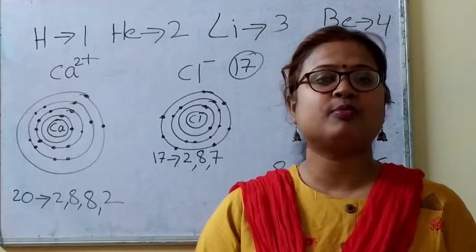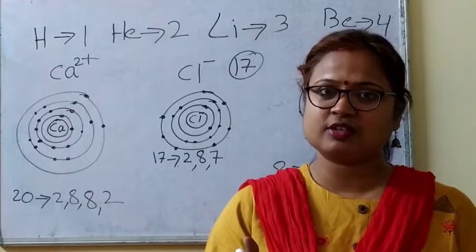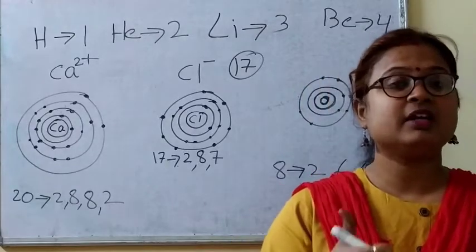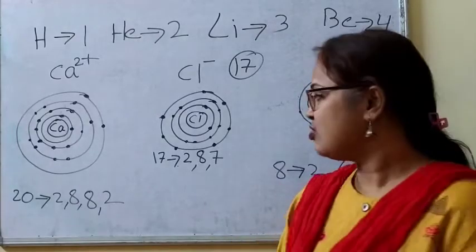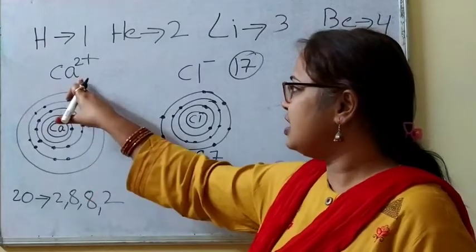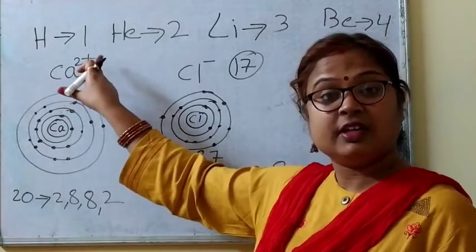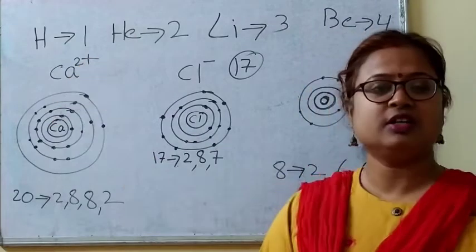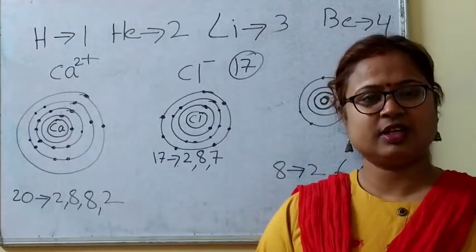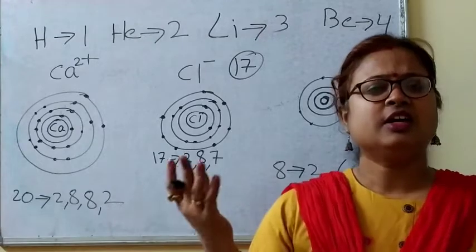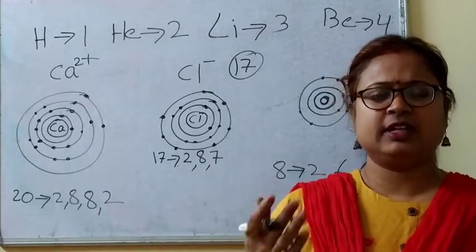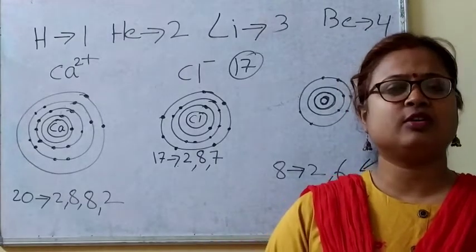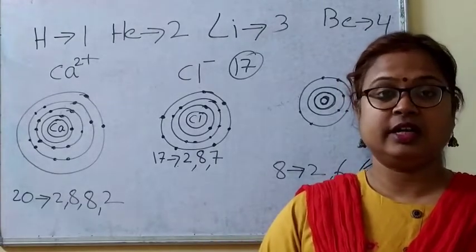Positive charge, because giving electrons develops positive charge, taking electrons develops negative charge. So we write calcium Ca2 plus like this. If you have learned the atomic number of an element, you can easily find out the valency of any element.